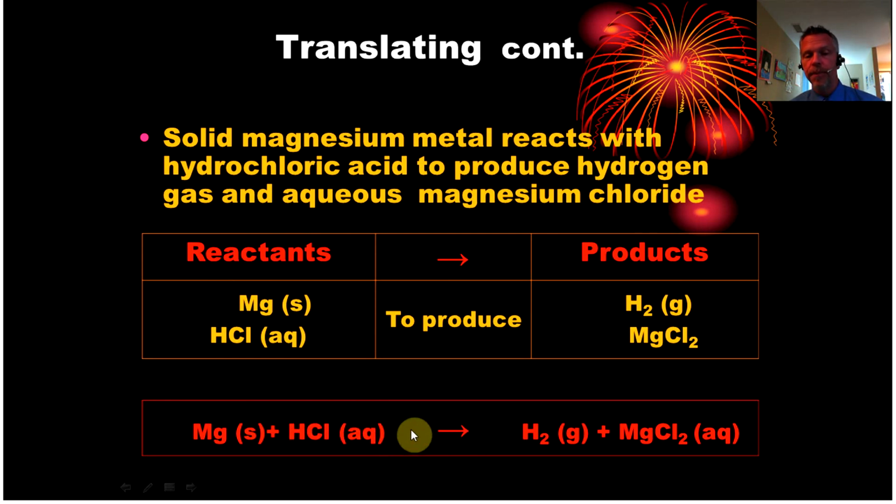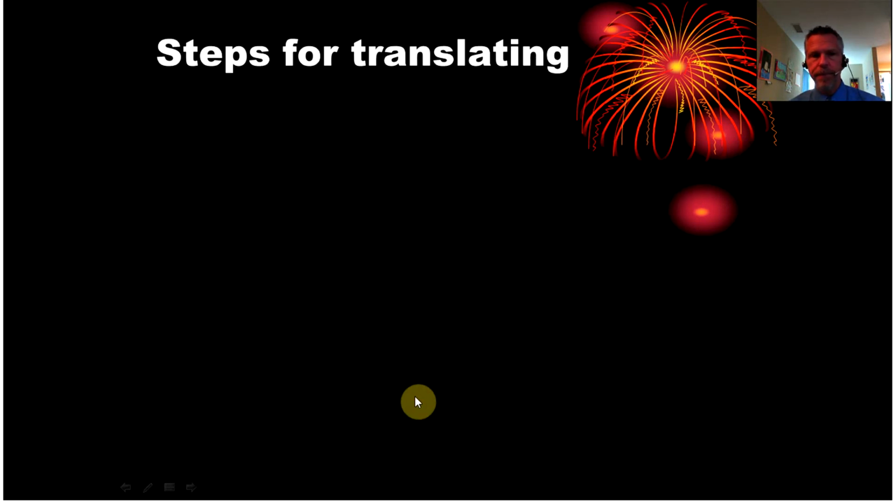We bring the arrow down to produce. We write our products, H2 gas, and a plus sign, and magnesium chloride in the aqueous phase, AQ. All right, so that's how this table converts into a chemical equation. So this is an example of a chemical equation.